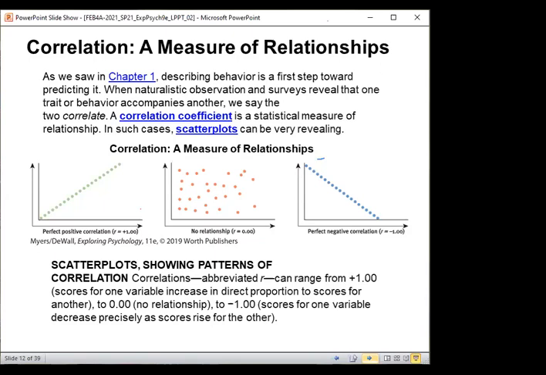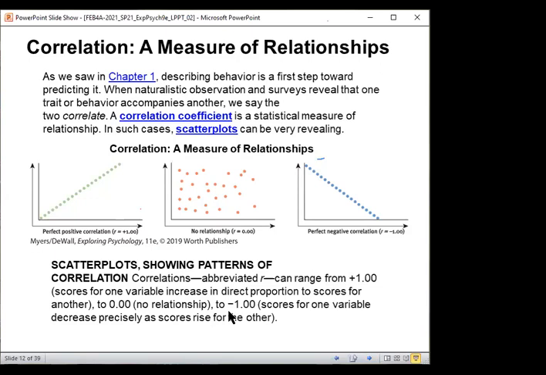So correlations are usually abbreviated with a lowercase r, and they can range, as I stated before, from +1, where scores for one variable increase in direct proportion to scores of another. So if we have a positive number, that means as one variable increases, the other variable increases as well. In the middle, we see no relationship, where r is 0. There is no discernible relationship here. The points just seem to be randomly placed on our chart without any theme whatsoever.